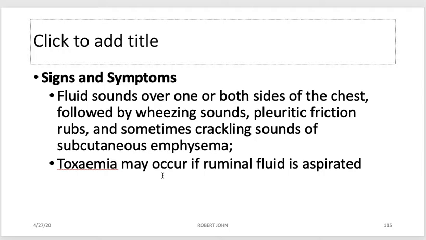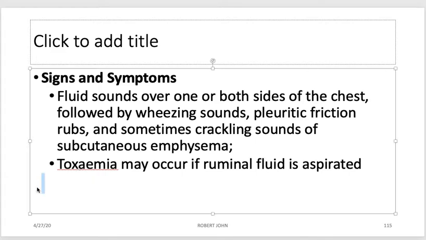Toxemia may occur in ruminal fluid when ruminal fluid is aspirated. Kwa kuna maji yanaweza kujaa kwenye mapafu, lakini pia kuna maji yanaweza kujaa kwenye GIT. Kwa ukivuta yale maji ukayaangalia, unakuta yana contain toxins from the bacteria. Kwa unagundua hapo kuna toxemia.